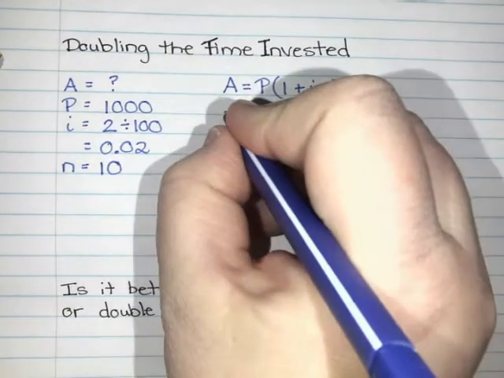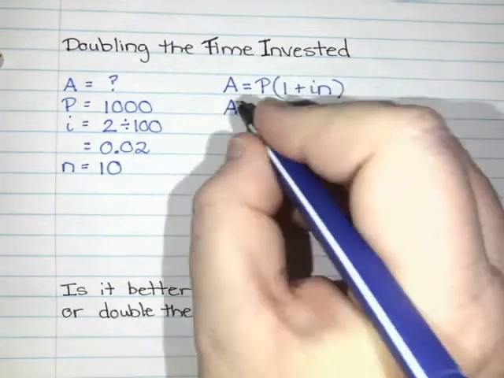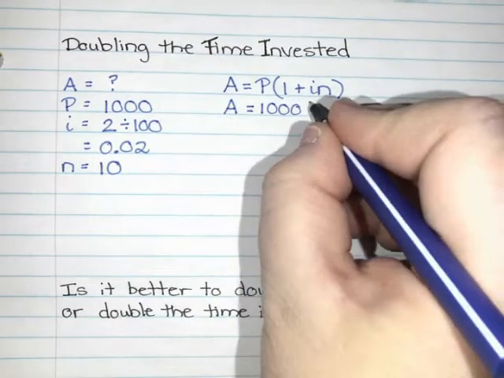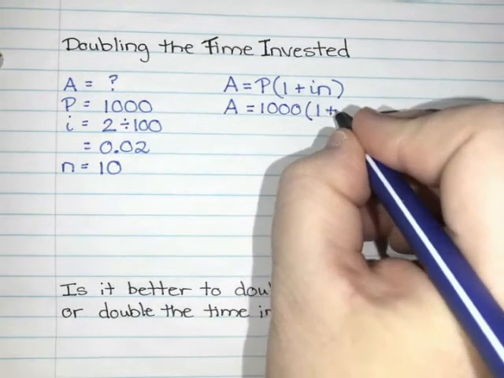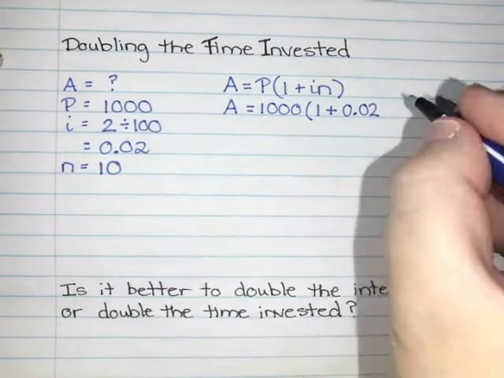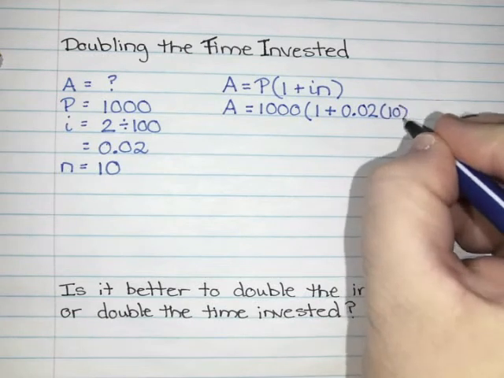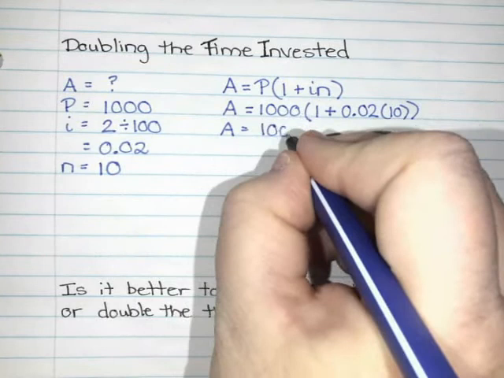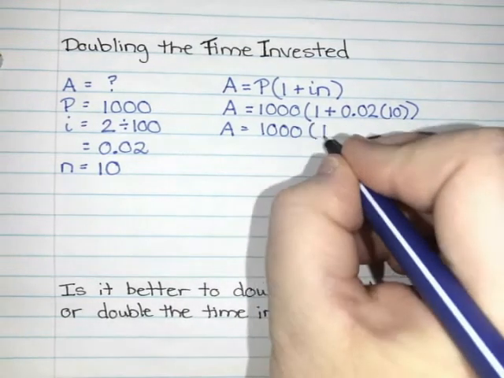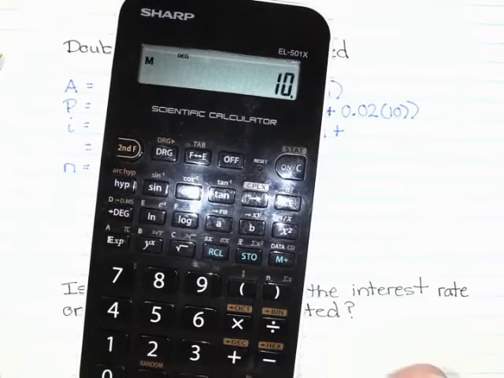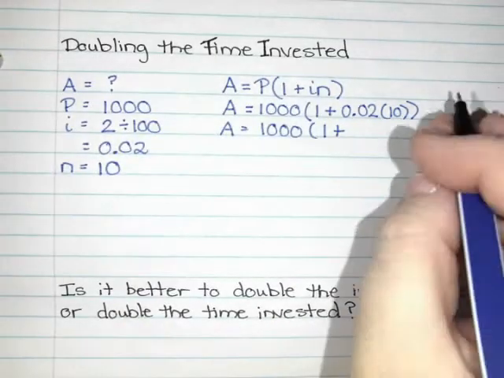So I'm going to sub everything into my formula. So I have A equals P, which is 1,000, times (1 plus I, which is 0.02, times N, which is 10). So I have 1,000 times (1 plus 0.02 times 10, which is 0.2).